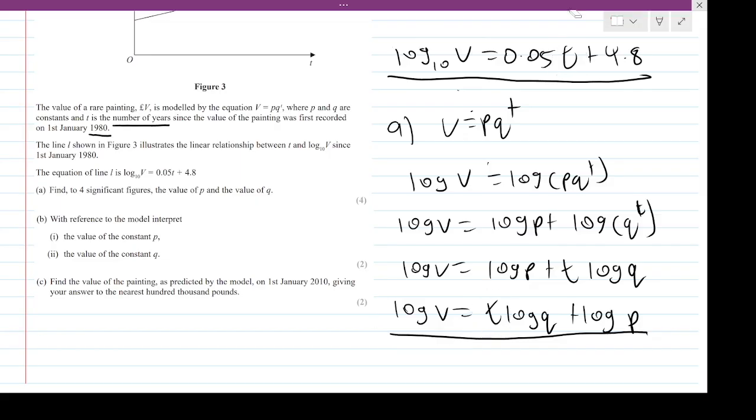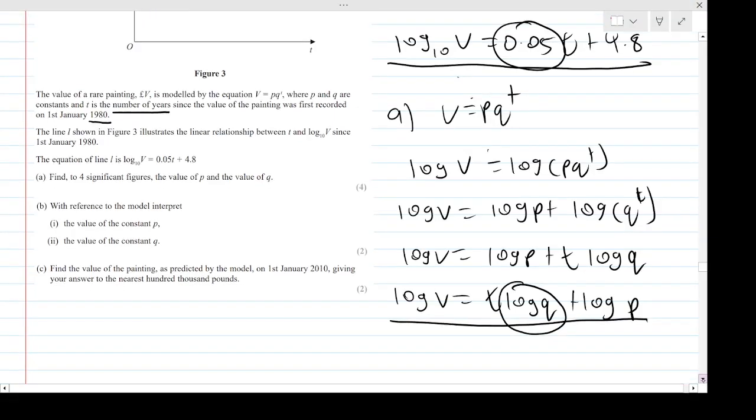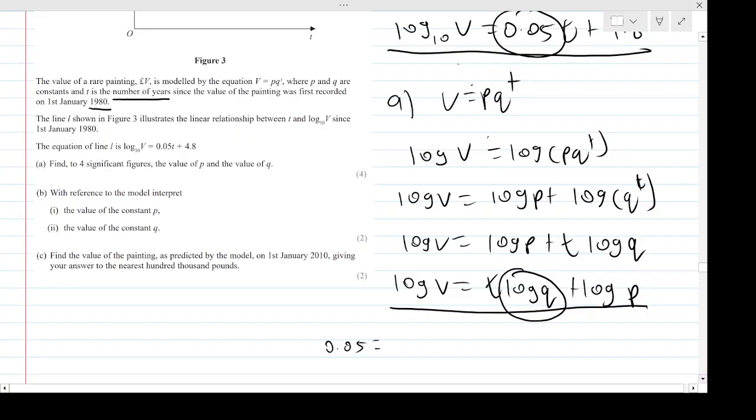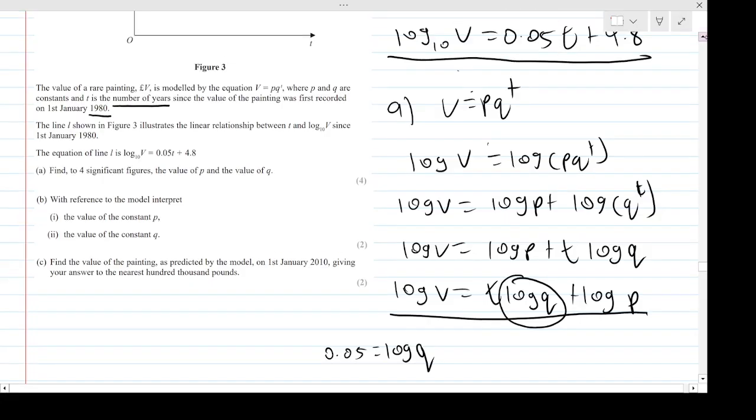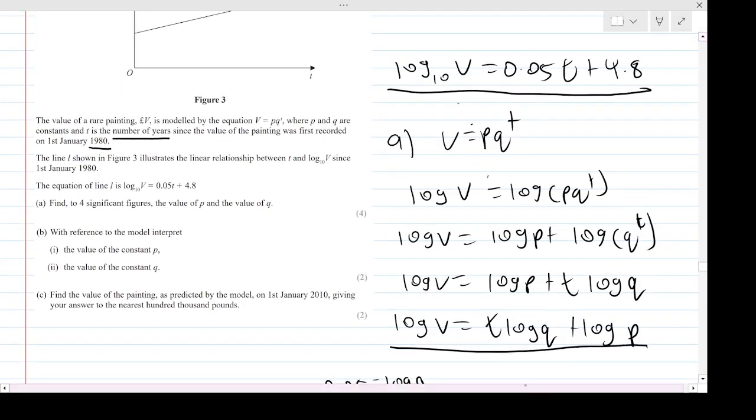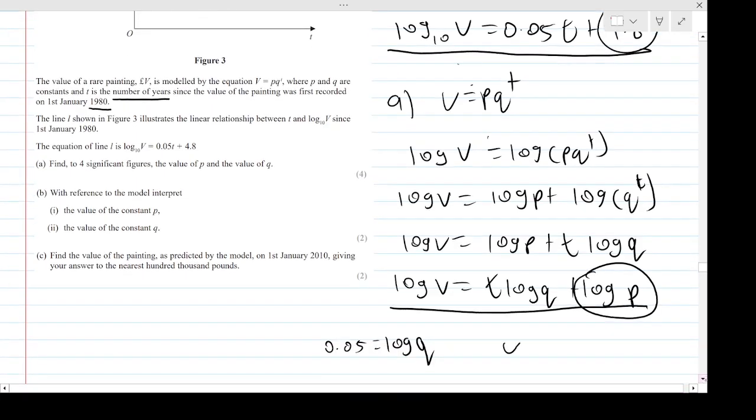So then 0.05, the coefficient of T, has to correspond to log Q. So 0.05 is equal to log Q. Then this number 4.8 has to correspond to the number at the end, log P. So also 4.8 is equal to log P.